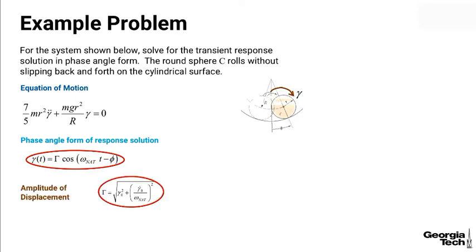The amplitude of displacement then, capital gamma, is a function of the initial conditions, gamma at time 0 and gamma dot, or the angular velocity at time 0. And the phase angle is the tangent inverse, again, of the generalized coordinate gamma's velocity at time 0 divided by the natural frequency times the initial condition for the generalized coordinate gamma displacement.